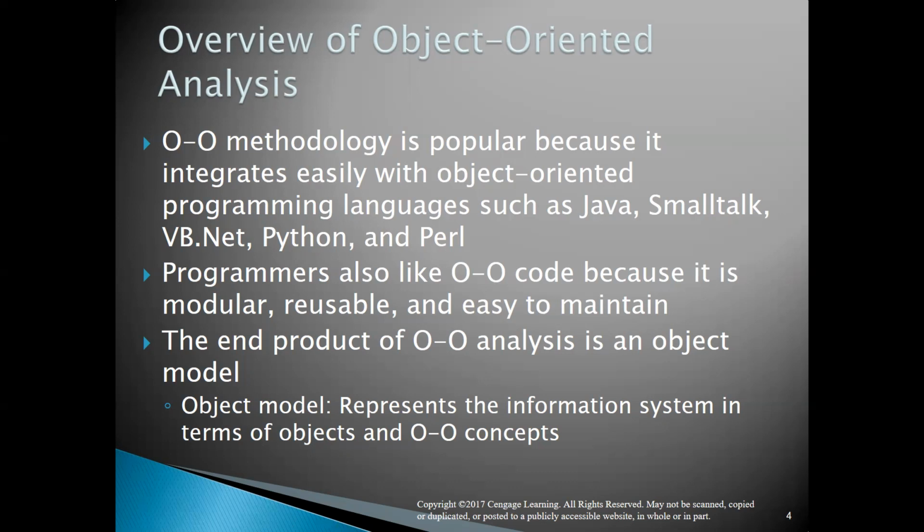Now, let me try to summarize it in simple terms. The object-oriented methodology is one of the popular ways of easy integration with almost all of the popular programming languages. Not any form of programming languages, but object-oriented programming languages.